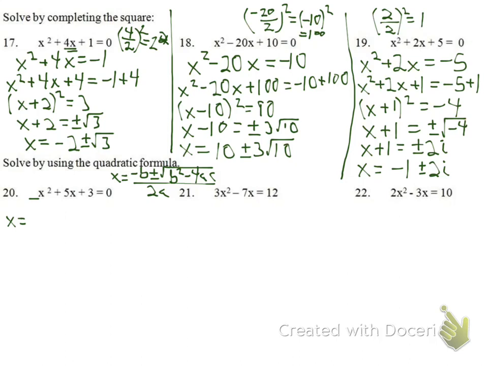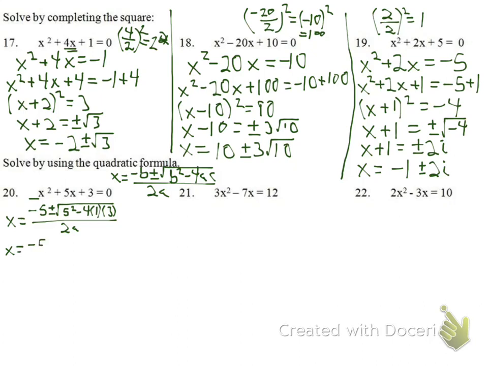So if we try to factor x squared plus 5x plus 3, it doesn't factor down using our other methods, so we could use the quadratic formula. So negative 5 plus or minus the square root of 5 squared minus 4 times 1 times 3. All of that's over 2a.